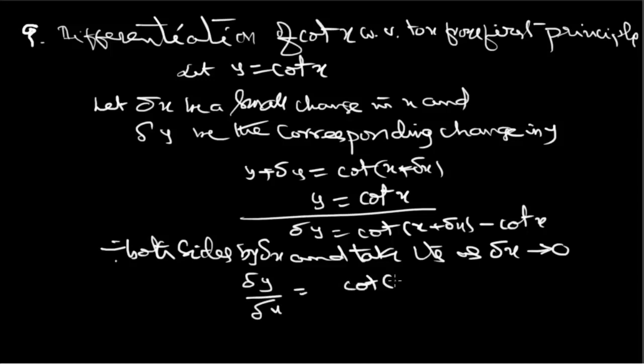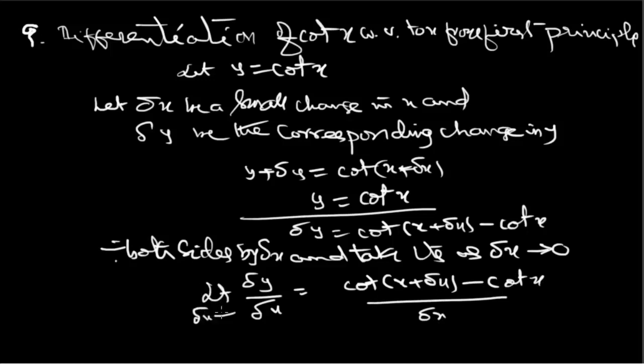Cot of x plus delta x minus cot x divided by delta x, and then write limits. Limit delta x tending to 0. Right hand side also limit delta x tending to 0.